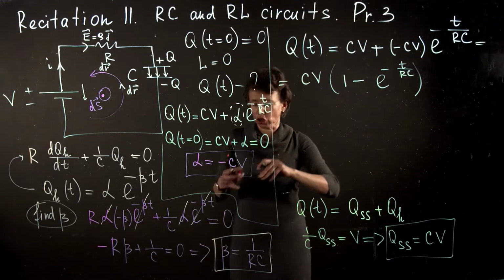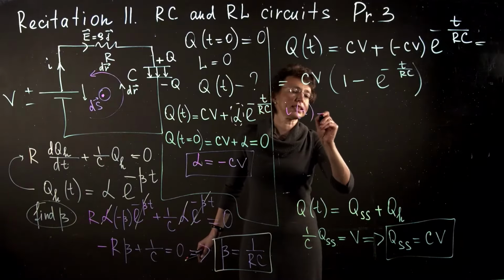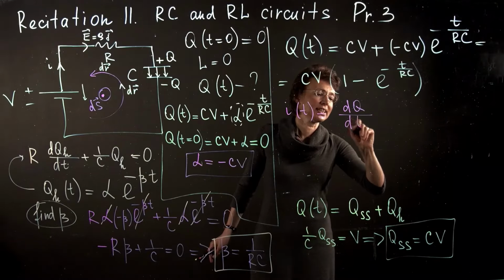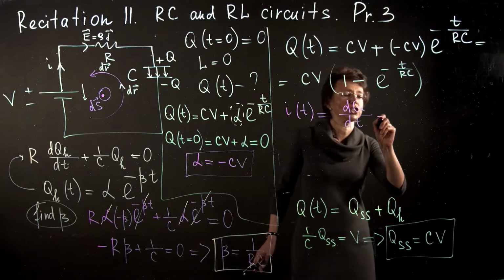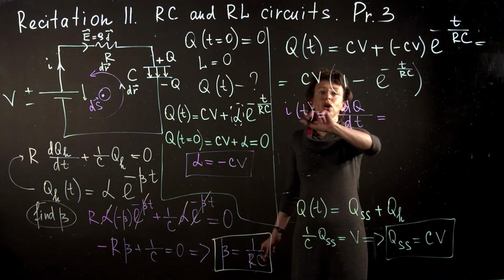Now let's find current. What is current as a function of time? Current as a function of time is dq dt, plus dq dt, because current is coming to the positively charged plate of the capacitor. I need to differentiate q.